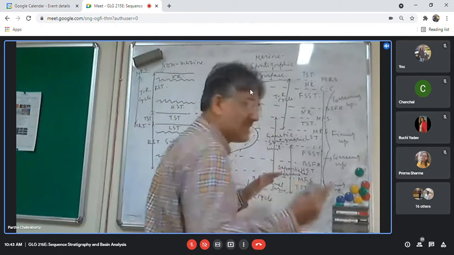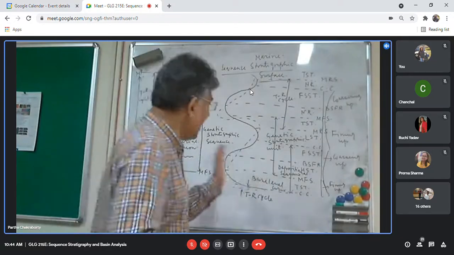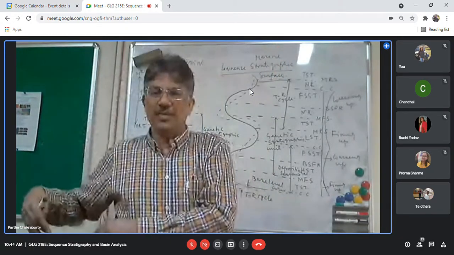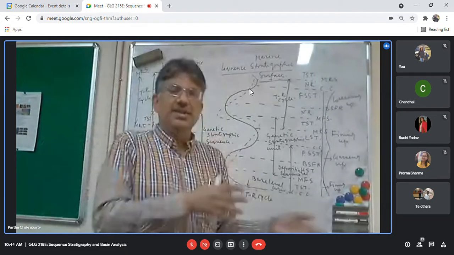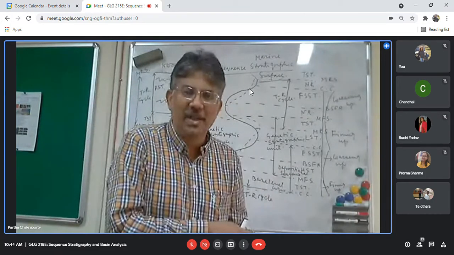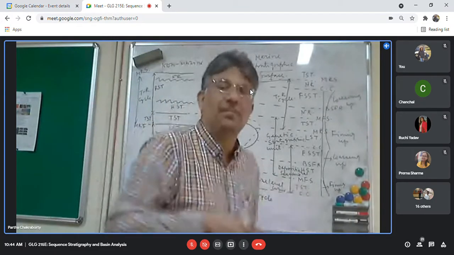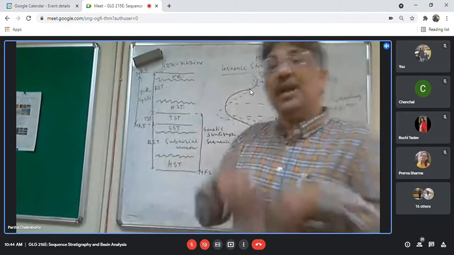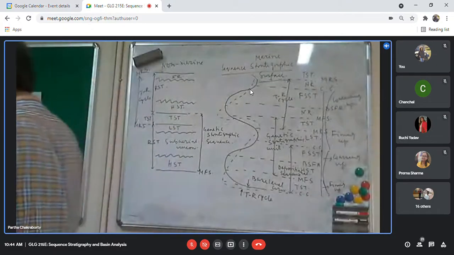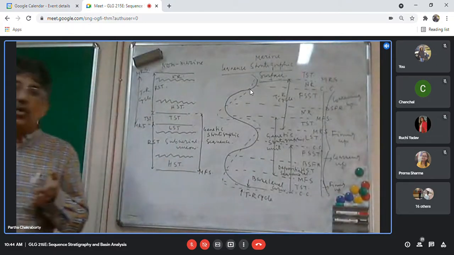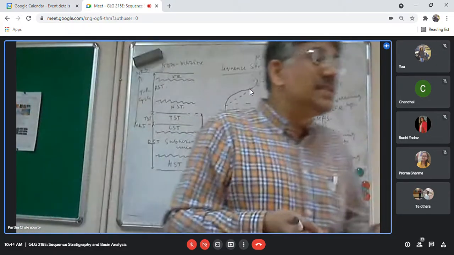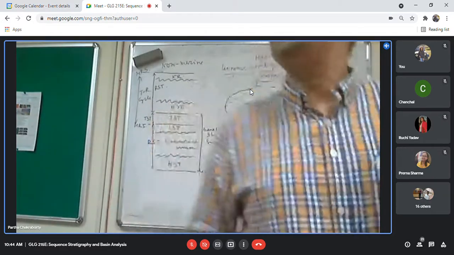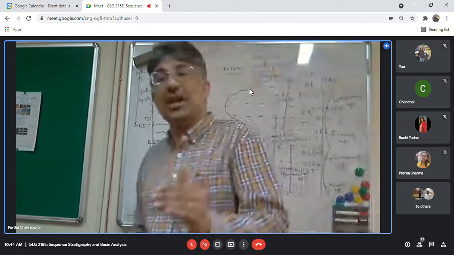So the thrust totally shifted from the maximum flooding to the unconformity. Seismic stratigraphers initially proposed it based on maximum flooding because it was easiest to pick up from the subsurface seismic image. Then, genetically, the Exxon group thought no, the subaerial unconformity is the most genetically important surface that should subdivide the depositional sequence.